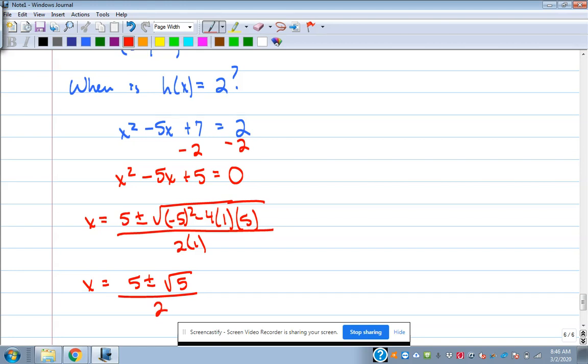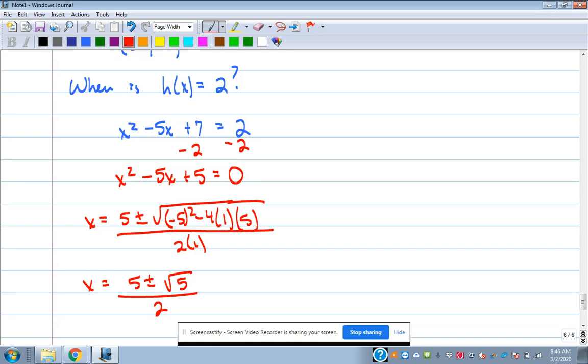Are those real solutions or complex? Real. So that means they are the restrictions on the domain. If they were complex, then they wouldn't create restrictions on the domain. Remember, complex doesn't restrict the domain. Real solutions do. So these are real solutions.